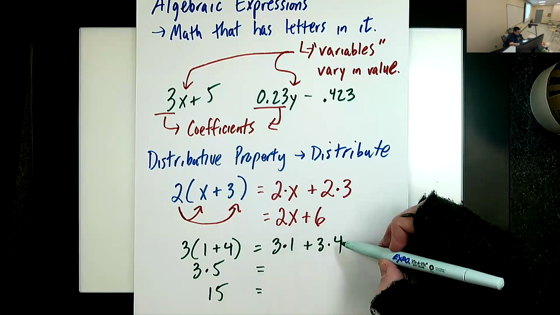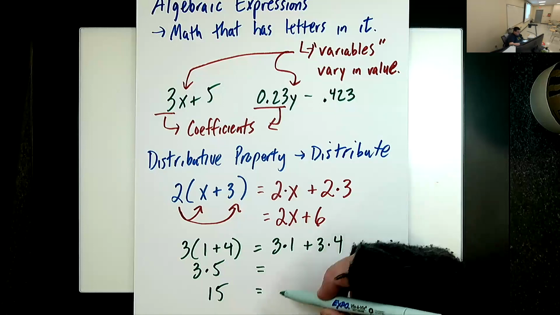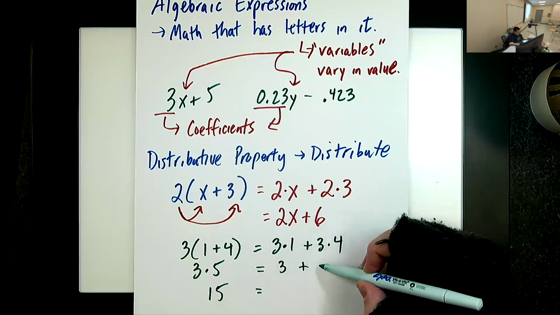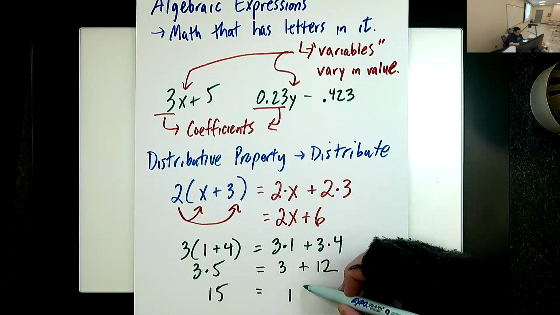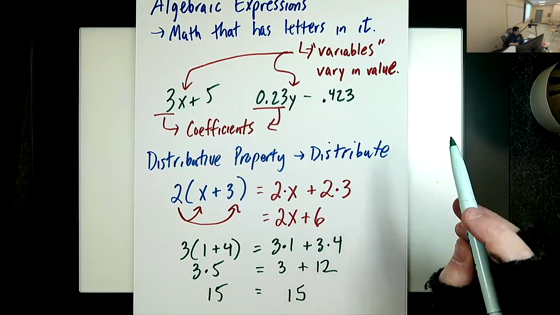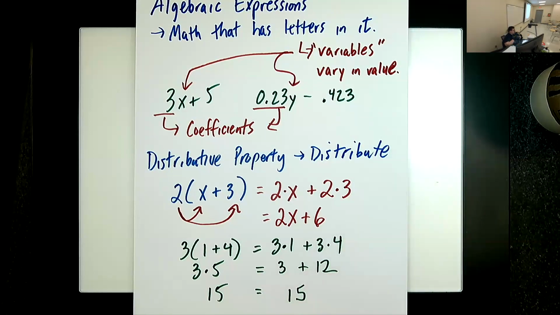And when we do it over here, after we've distributed, 3 times 1 is 3, 3 times 4 is 12, and we add them together and it equals 15. If you have an actual value in there instead of the x, you won't distribute, you just do the order of operations, it's quicker. It saves you some time. But we don't often have it.